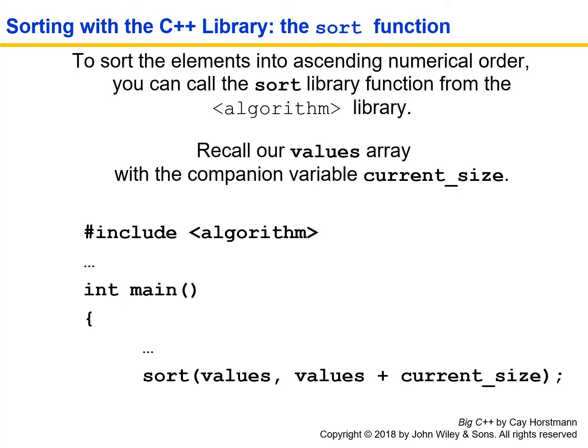There's a special library for mostly array and vector related algorithms called algorithm, and if you #include algorithm, then you can just call the sort function from that. You pass it the name of the array and then the name of the array plus the current size of the array. It's a strange syntax, but it's how this particular sort function works.